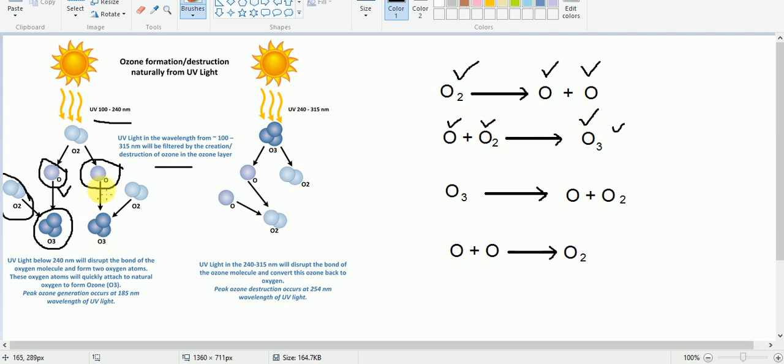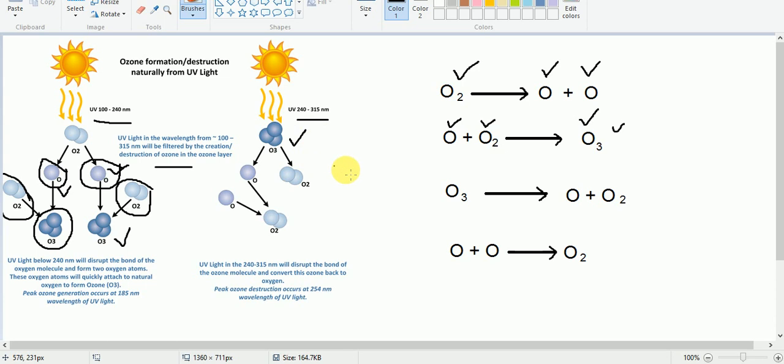Likewise, another atomic oxygen is combined with one molecular oxygen, and another ozone molecule is formed. Then in the other case, when UV rays having a wavelength of 240 to 315 nanometers strike this ozone, O3.